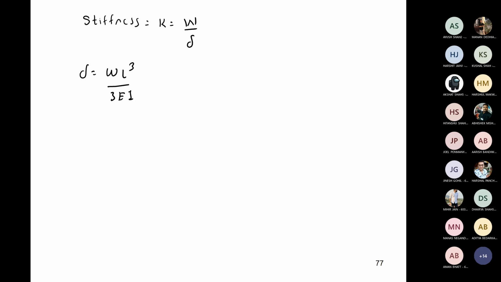So K becomes 3 E I divided by L cube. So find out K and then find out omega n, that is equal to square root of K by M.